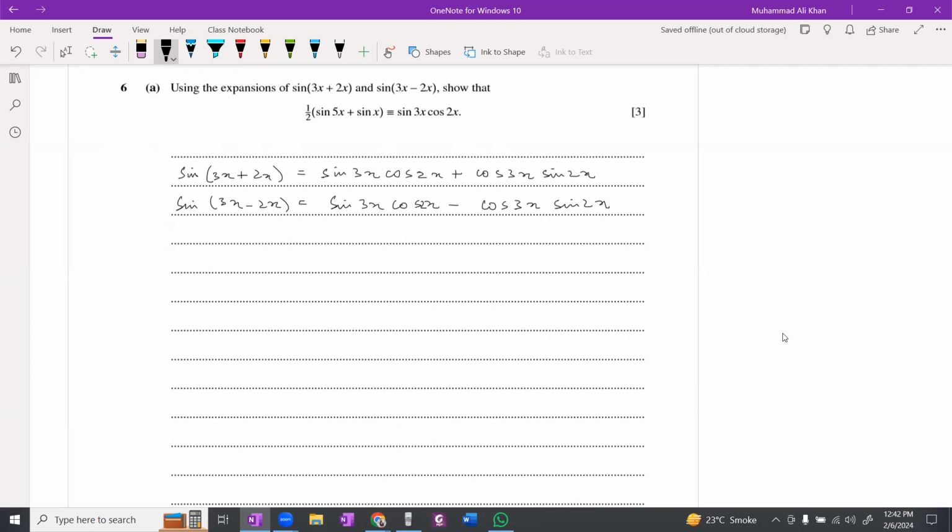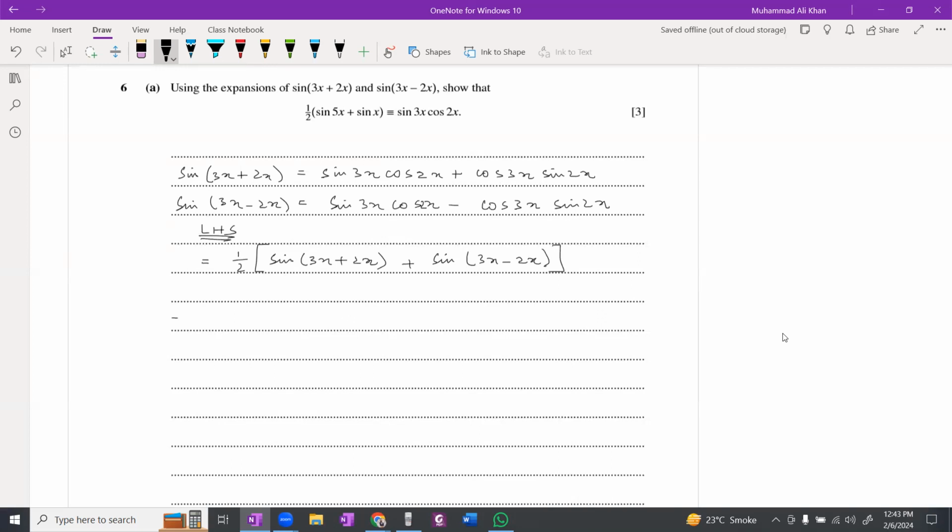So now I'm substituting half. साइन 5x की जगह पर मैं क्या लिख रहा हूं बच्चों? साइन 5x की जगह पर मैं लिख सकता हूं sin (3x plus 2x). This is the left hand side of the equation. Plus sin x की जगह पर लिखा जा सकता है sin (3x minus 2x).